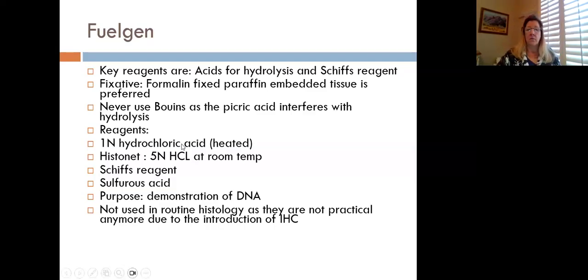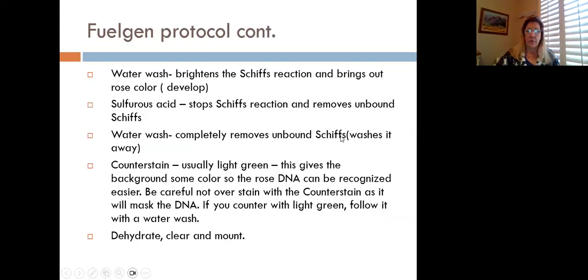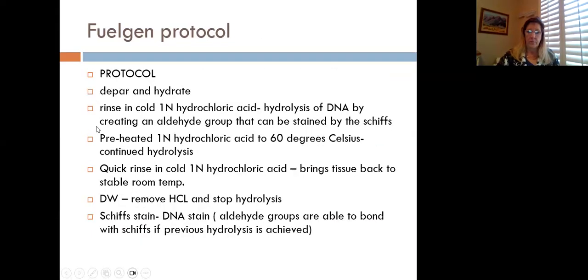So our reagents, you're going to have that hydrochloric acid. You're going to have Schiff's reagent. You're going to have a sulfurous acid. And we're going to be demonstrating just the DNA, not the RNA or other components. So your protocol, you're going to deparaffinize and hydrate to water.